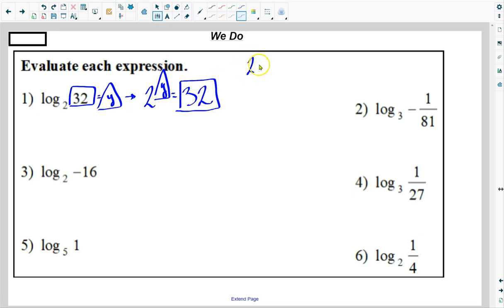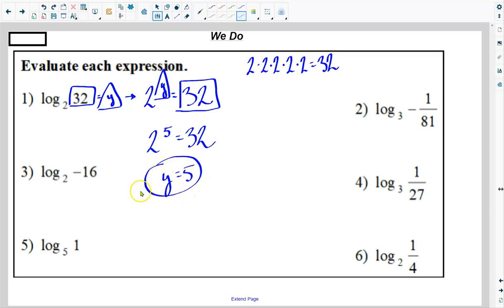Some of you have to do some scratch work. 2 times 2 is 4, times 2 is 8, times 2 is 16, times 2 is 32. So that means 1, 2, 3, 4, 5. So 2 to the 5th equals 32. That means y equals 5.